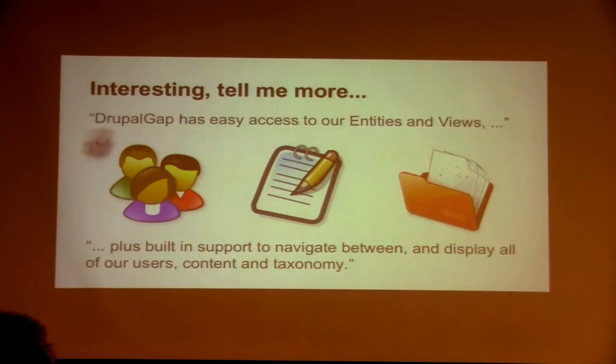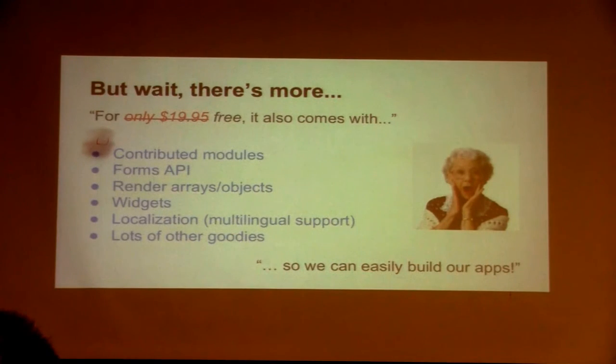Plus, DrupalGap has built-in support to navigate through pages and view user profiles, edit user profiles, add content, edit content, as well as taxonomy support. So it handles all of our core entity types out of the box. So really powerful stuff, and helps us build apps a lot faster. And there's some more.